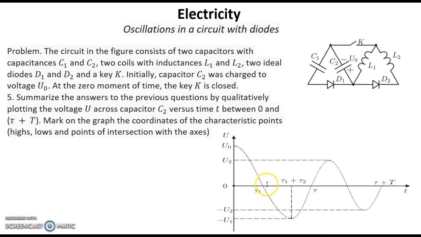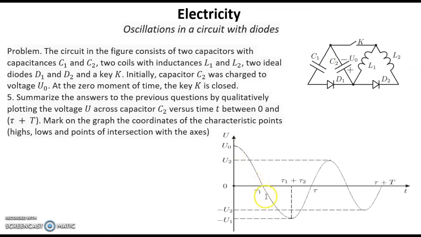This is our graph. First process starts from voltage U0, and it went to 0 after time tau 1. That was a quarter of the first oscillation.